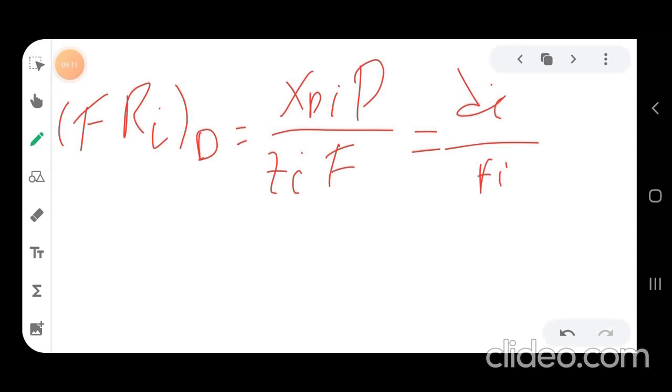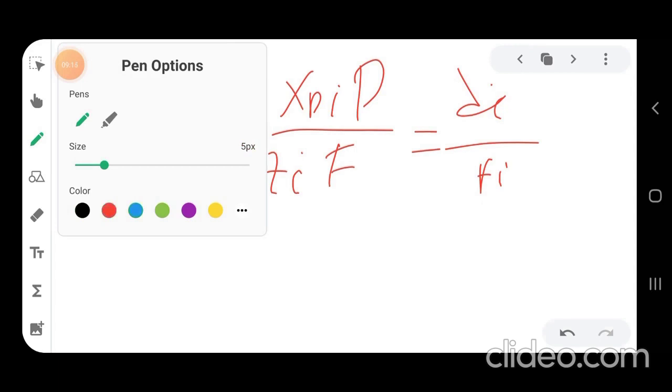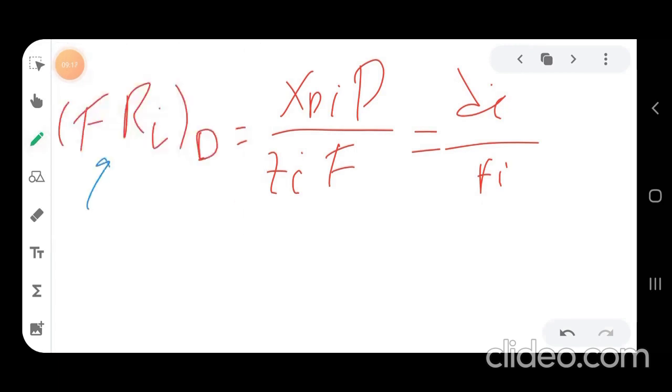So what are we given in the question? We have the fractional recovery, and we have the z value, we have the F value. Okay, but do we have the xd? Yeah, we have also this xd.